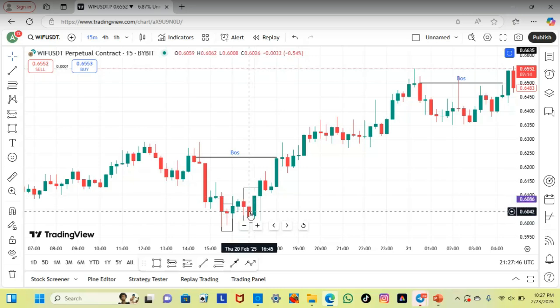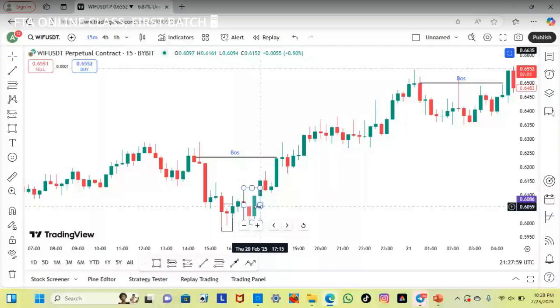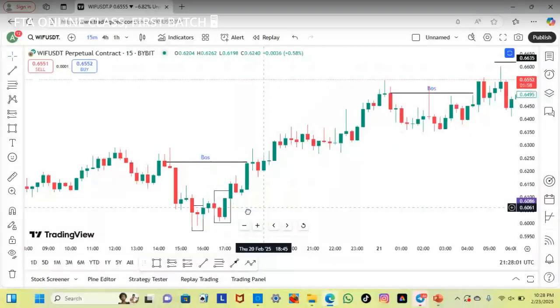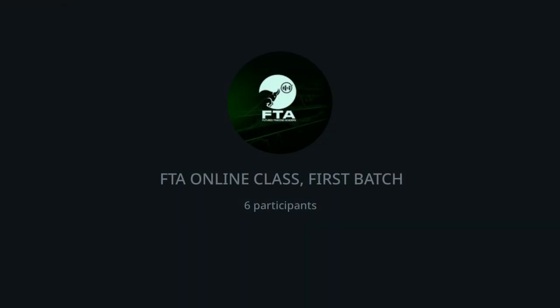You can see that this bull candle is engulfing the bear candle. So that's why it's called a bullish engulfing pattern. And after the indication of this pattern, see that the market went on a serious bullish trend until it got here.